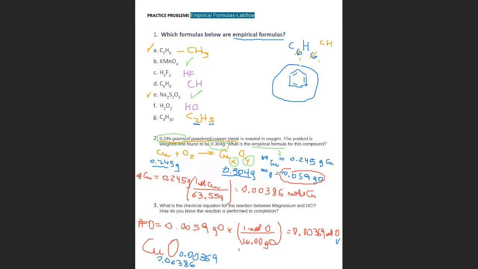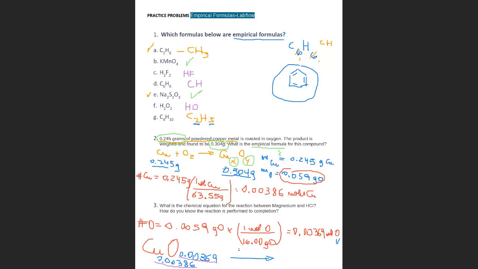So all I have to do, that is the easiest part, is look at which of these two numbers is the smallest. In this case, they are almost the same, 0.00386 and 0.00369. So 0.00369 is the smallest number.